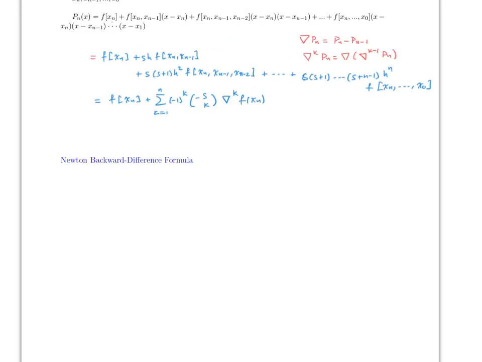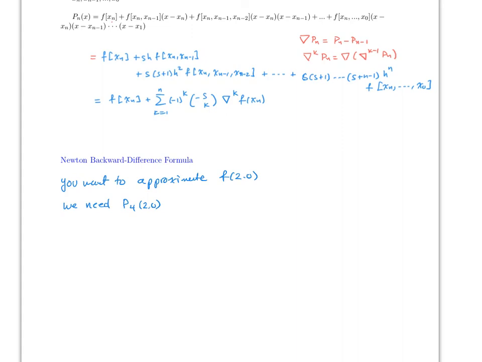So now let's say that you want to approximate f of 2.0, which therefore technically we need to find p4 of 2.0. Now we're going to use the same information from the last table, but now we're going to go from the bottom up.